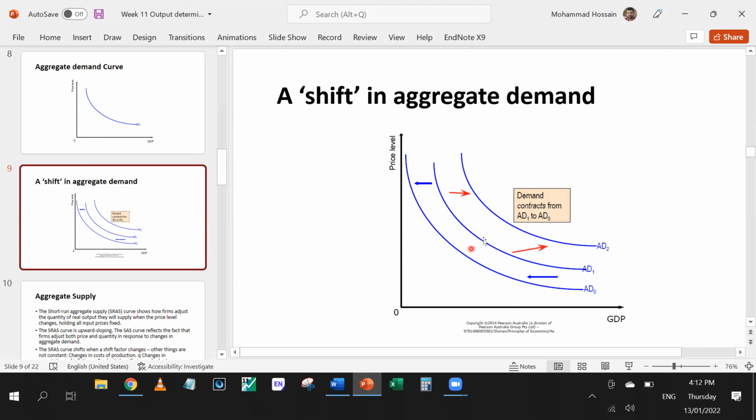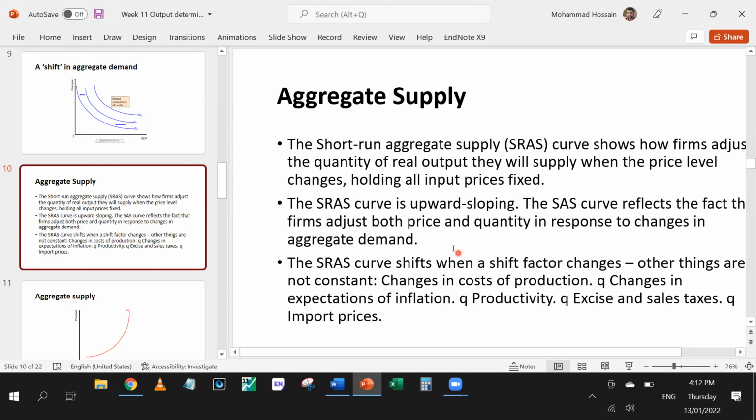Now let's talk about the aggregate supply curve. The aggregate supply curve comes in two forms. One is called short-run aggregate supply, and the other is known as long-run aggregate supply: SRAS and LRAS.